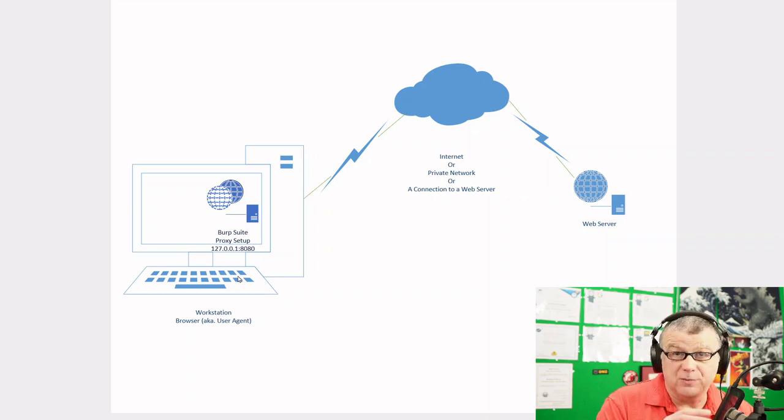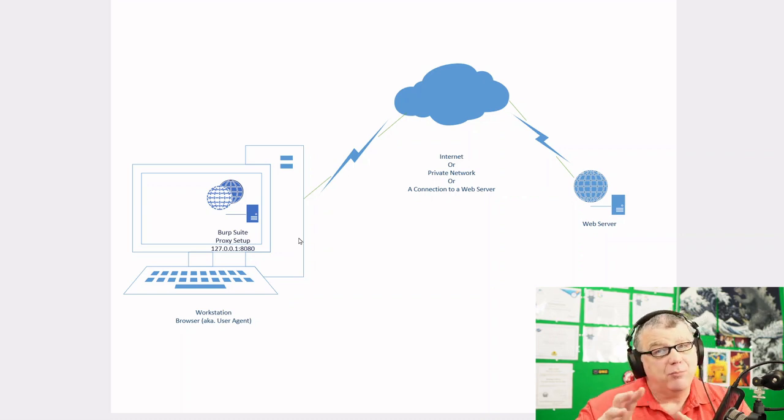The Burp Suite proxy is just a service that's going to be running on this workstation. So I can reference the service by giving it the local IP address of 127.0.0.1. I also tell it the port that Burp Suite uses for its proxy, which is 8080, right?